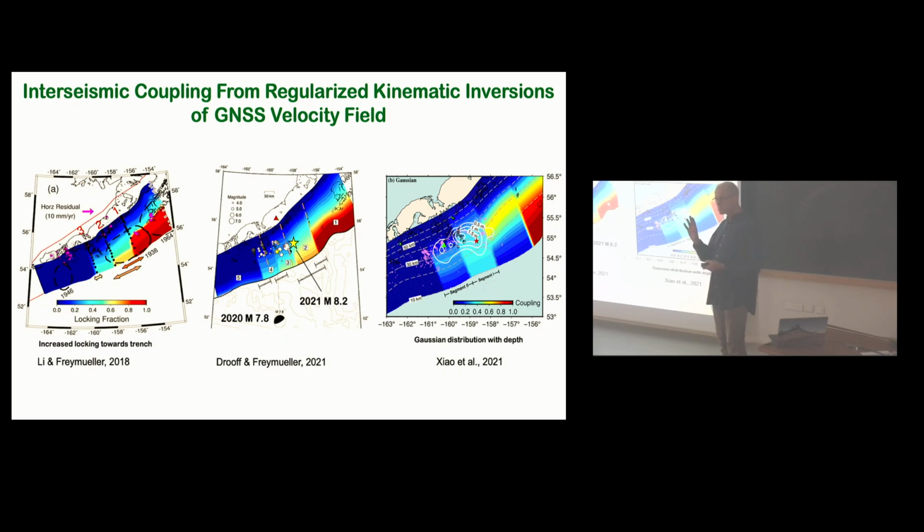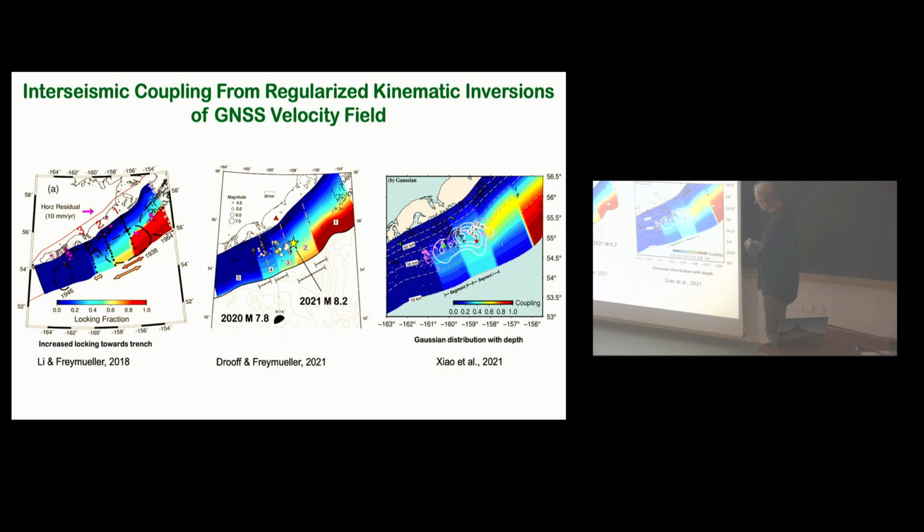And I think that was done partly in the aftermath of the Tohoku earthquake, where coupling models in Northeast Japan all use just Laplacian smoothing, and they all featured coupling at intermediate and deep depth in the subduction zone, and almost none in the part that eventually had 40 to 60 meters of slip, right? So then here the constraint was make coupling strongest at the trench and then gradate it away from there.